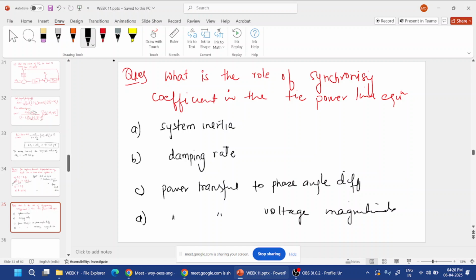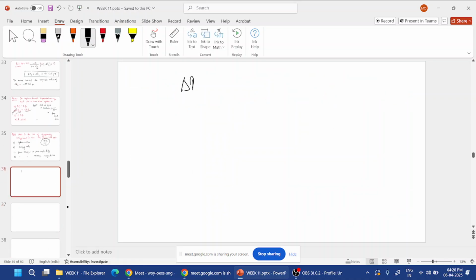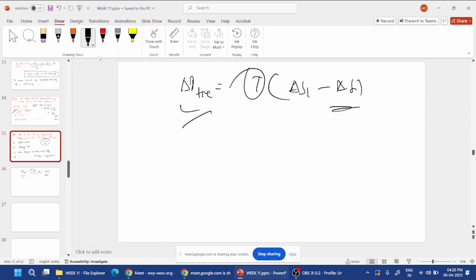So what is the synchronizing coefficient? Which is V1 V2 upon X. This is what the synchronizing coefficient was. So what does it do? In a tie line power, you should know that it is T times del 1 minus del 2. It relates the tie line power to the difference of the phase angles.